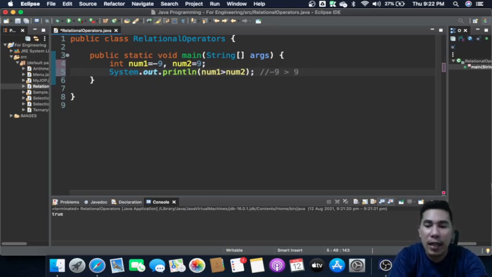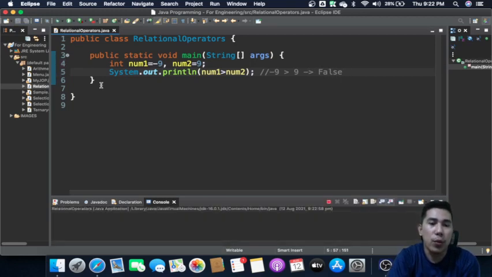Obviously, -9 is smaller than 9. Therefore, is -9 greater than 9? This would give us a false output. So let's try that one out. So we have here false. So basically, that's relational operators.